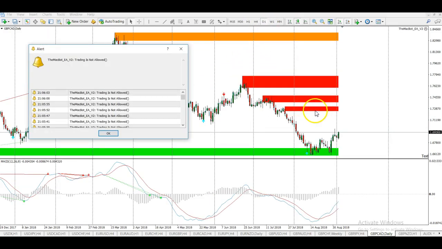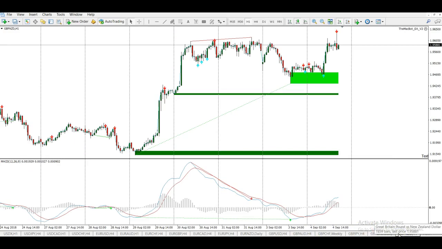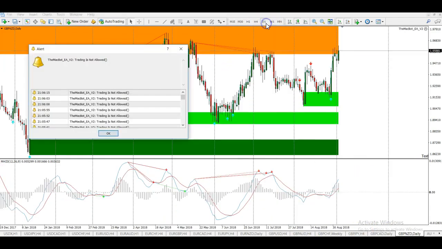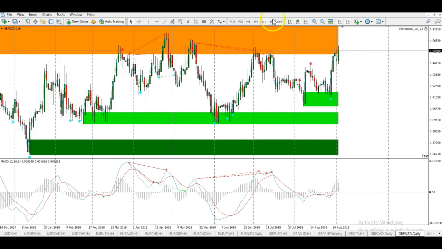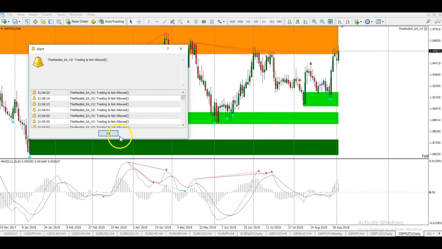Okay, the nearest daily's up here. I'd be looking to maybe short up around 172, 173. So 2 trades so far for the US session today. We'll look at the British pound Kiwi. We're at a weekly. We're at a daily.